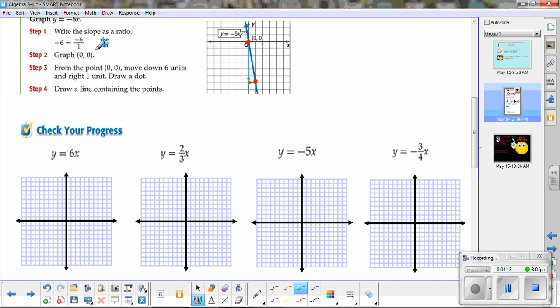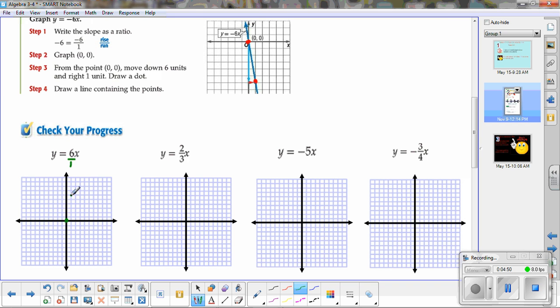The first thing I would do is graph 0, 0, because all of these are going to go through 0, 0. And then we're going to write the slope as a ratio. We're going to write it as a fraction by making it 6 over 1, which means we're going to rise 6 and run 1. So from 0, 0, we're going to rise 6, 1, 2, 3, 4, 5, 6, and we're going to run 1.